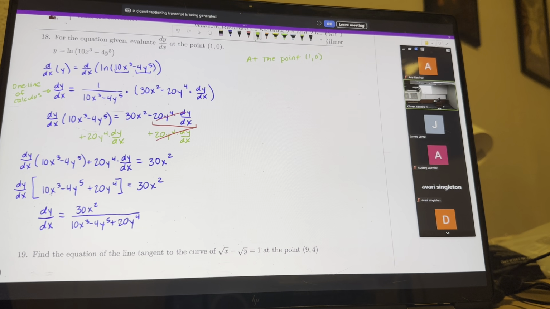And so we would just be plugging in 1 for every occurrence of x, so 30 times 1 squared over 10 times 1 cubed minus, we'll be plugging in 0 for every occurrence of y. And so we end up with 30 divided by 10, which gives us 3. So really, when you're dealing with implicit differentiation, again, it's one line of calculus, and then it's really the algebra that gets us on the rest of it.